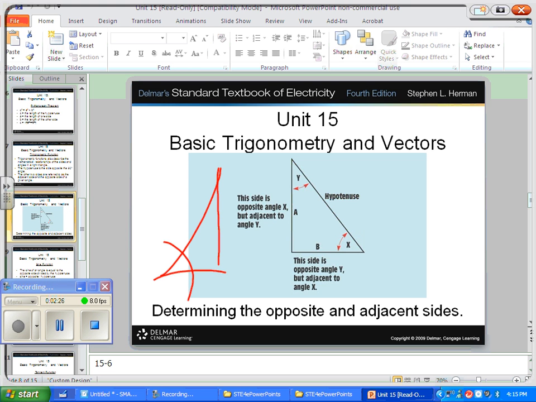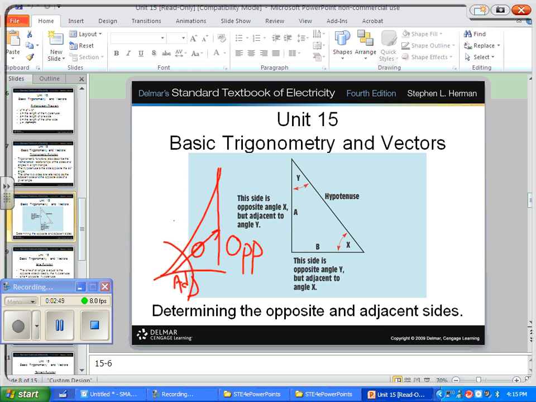So this is the angle, and we're going to call this theta all the time. Angle theta. And if you draw a line through angle theta, the one we're considering, we call this the side opposite. And whatever's next door to you is adjacent to you. It's near you. So this one's adjacent.